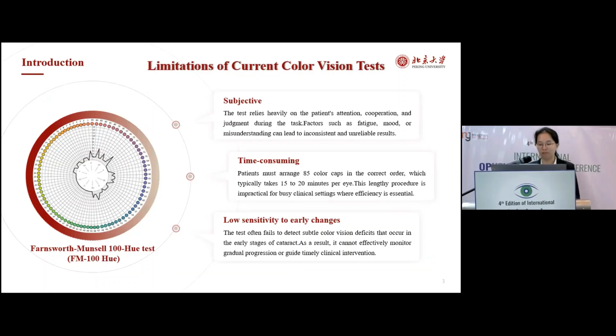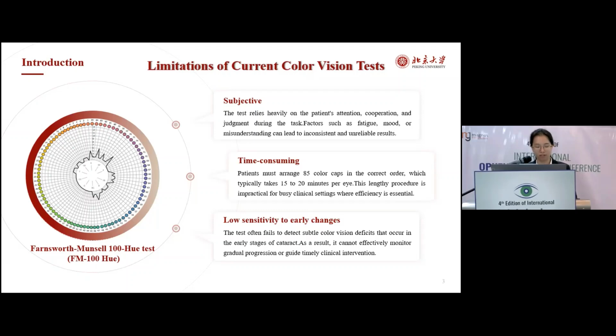It relies heavily on patients' attention, cooperation, and judgment. Factors such as fatigue, mood, or even misunderstanding of the instructions can lead to inconsistent and unreliable results. Second, it is really time-consuming, often taking 10 to 15 minutes to administer, which is impractical in a busy clinic in China.